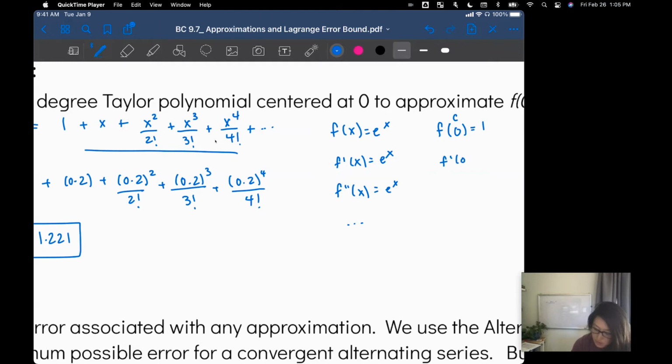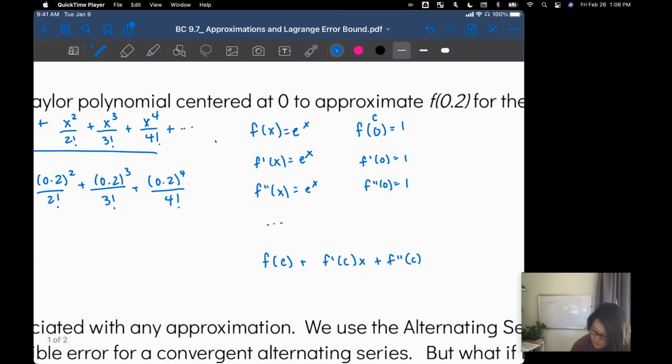F prime of 0 is equal to 1, f double prime of 0 is equal to 1, and then plug it into the power series expansion, which would be f of c, plus f prime of c times x, plus f double prime of c times x squared over 2 factorial, plus it continues.